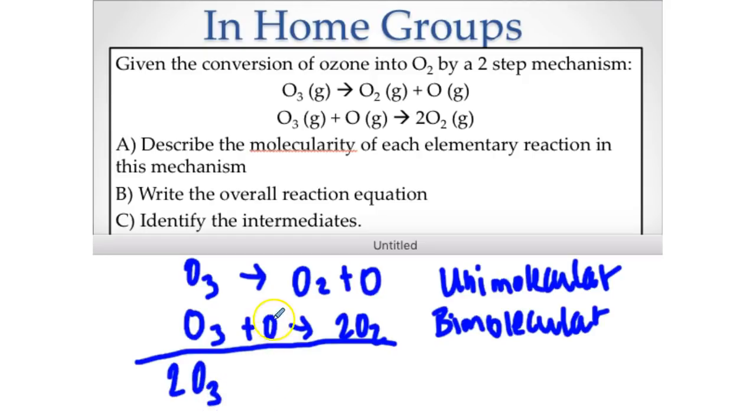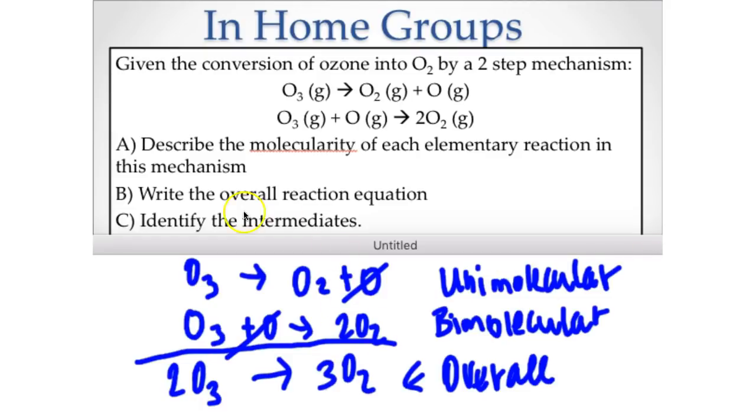This oxygen on the left cancels with the one on the right. And then you have 2 O2s here and 1 O2 there, and they're on the same side, so you're going to put 3 O2 like that. Okay, so this is the overall reaction.